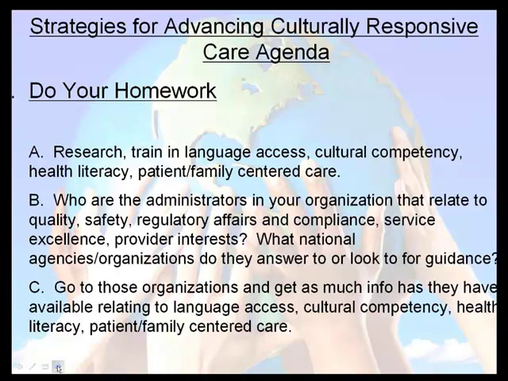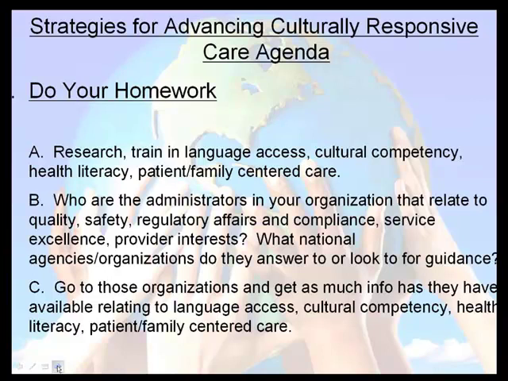I found all sorts of information, and you've all heard mostly, I'm sure, of the CLAS guidelines, the Culturally and Linguistically Appropriate Services guidelines from the Office of Minority Health, Department of Health and Human Services. Civil Rights Guidance to Title VI was very helpful.